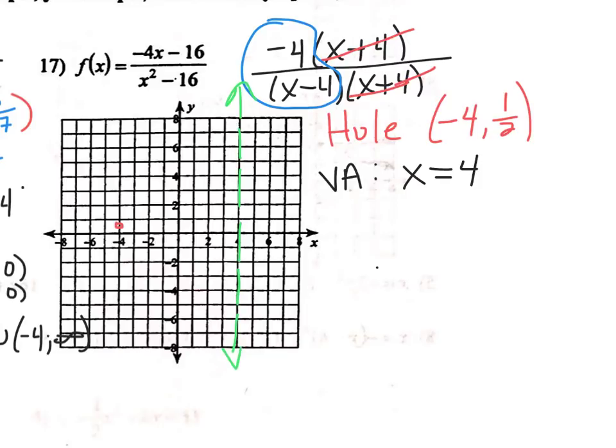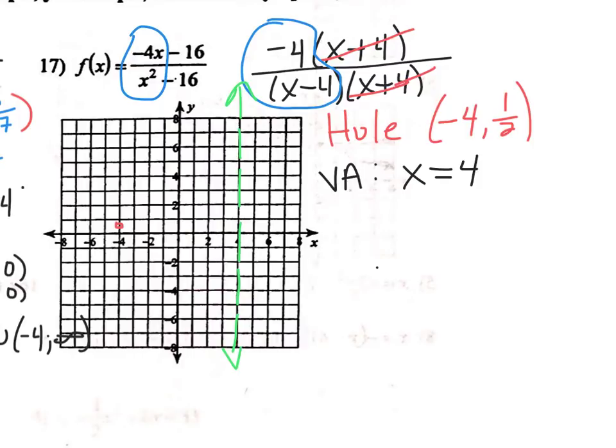Next, I'm going to look for the horizontal asymptote. I need to look at these values right here. I have a smaller value on top than I have on the bottom as far as the powers of x. So bigger on the bottom means that I have y equals 0 as my horizontal asymptote.